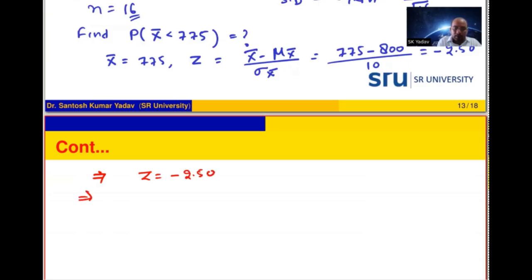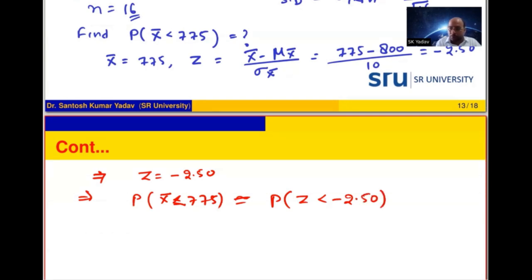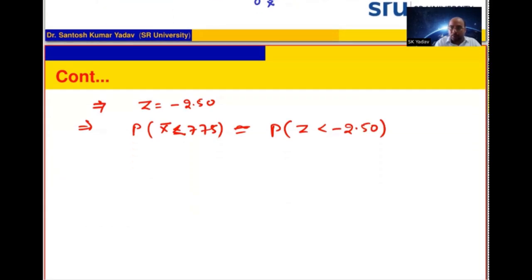So this means the problem of finding x bar, average life less than 775, is now changed to the problem of finding Z less than minus 2.50. So we can see here by the normal curve, we have the mean here 800, and this normal curve I can draw roughly like this.